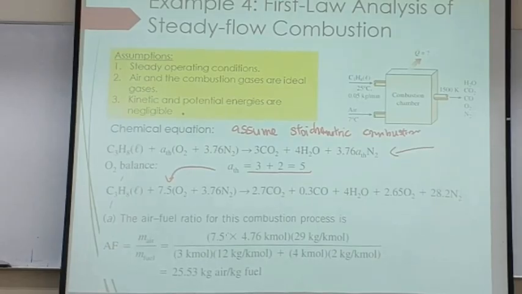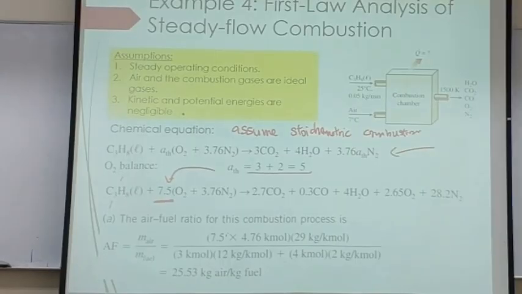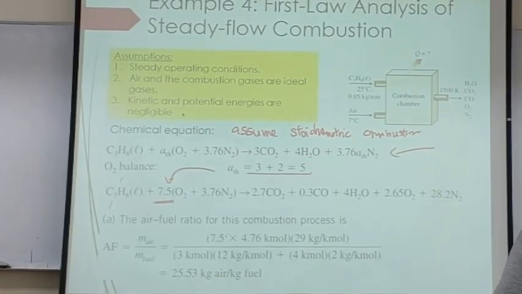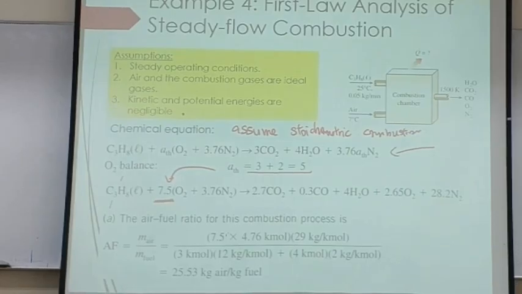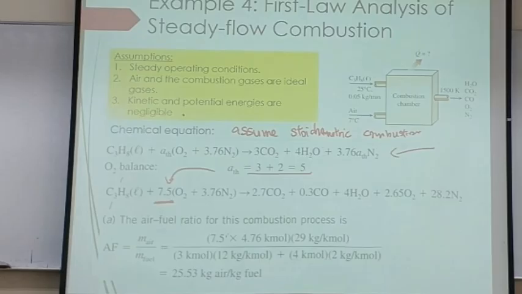Okay, so with 50% excess air, the air you have is 7.5. For the output, we know that 100% of the hydrogen is converted into H2O. So we have 8 H here, meaning H2O, we have 4.